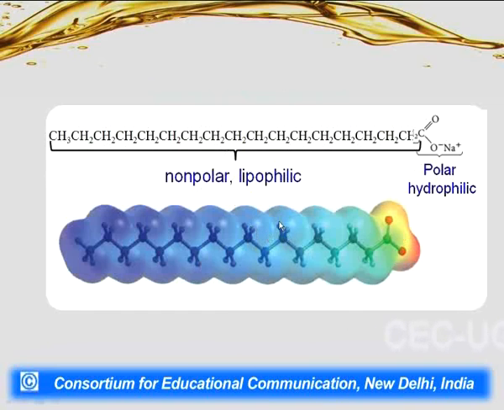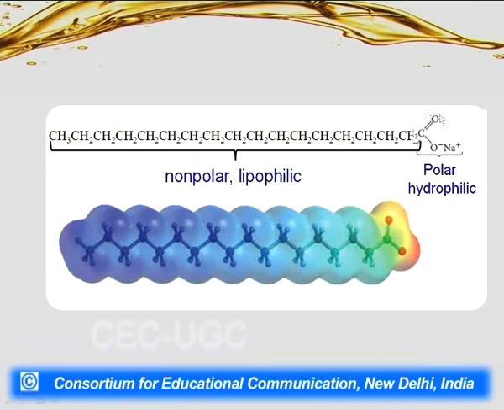This figure shows the structure. You see, this is a long chain of carboxylic acid. So, this is a non-polar part or a hydrophobic part, or we also call it a lipophilic part, meaning this is water repellent. Lipophilic means it likes the lipid part, or it is a non-polar end. And this is the other end, the polar end.